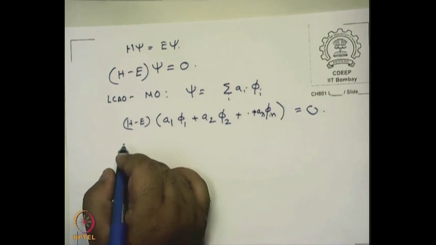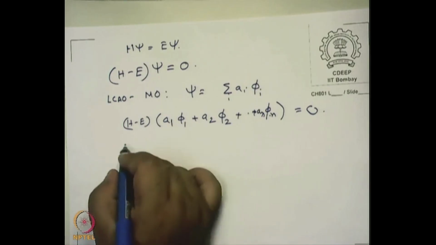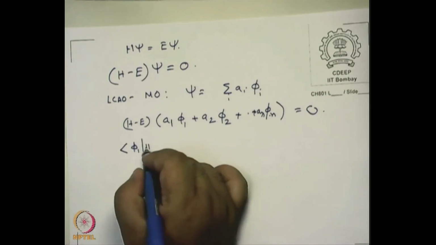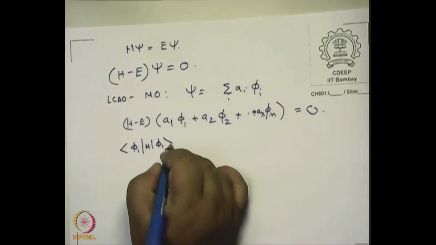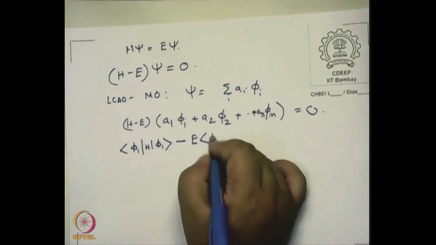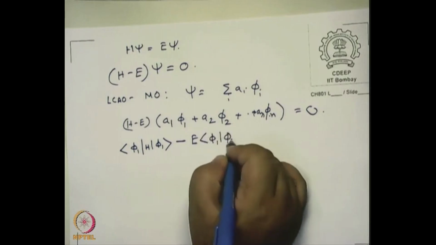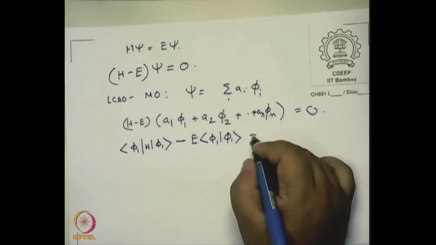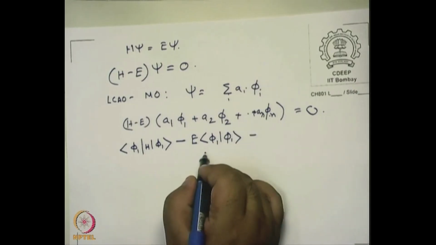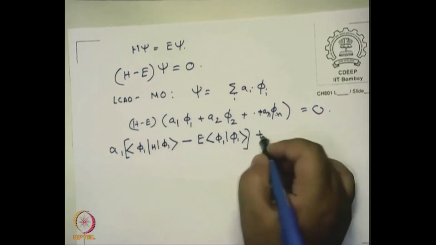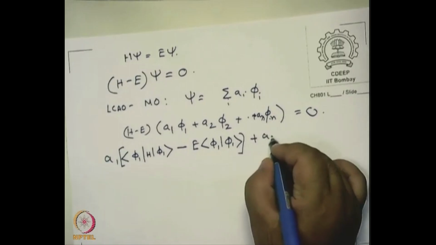What do you get in that case? You get something like a_1 times the integral of phi_1 H phi_1 minus E times the integral of phi_1 phi_1 over all space, plus a_2 times the integral of phi_1 H phi_2 minus E times the integral of phi_1 phi_2, and so on and so forth until the nth term, a_n times the integral of phi_1 H phi_n minus E times the integral of phi_1 phi_n over all space. What am I doing?